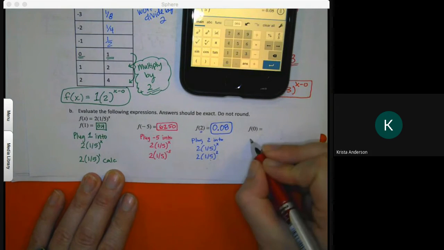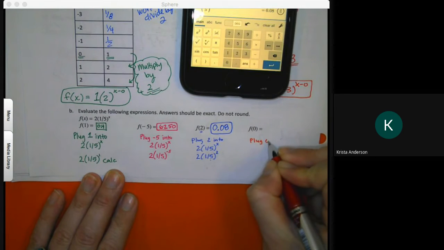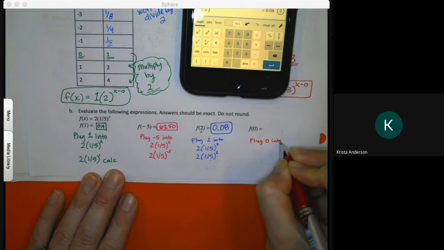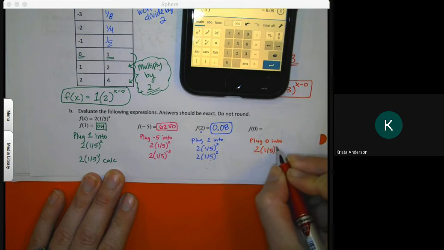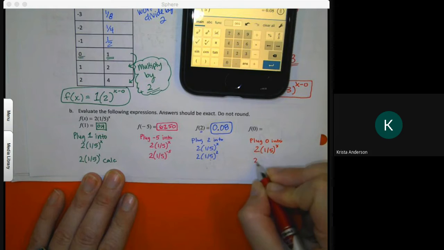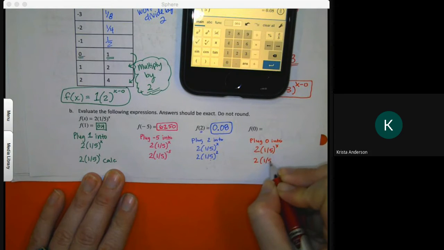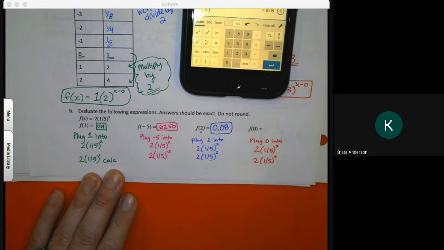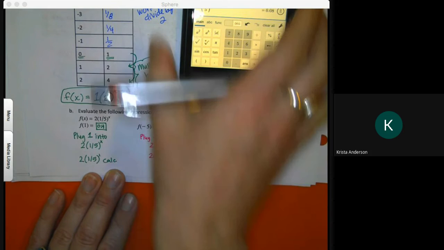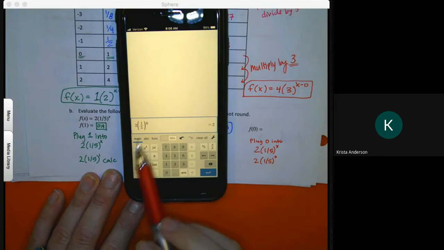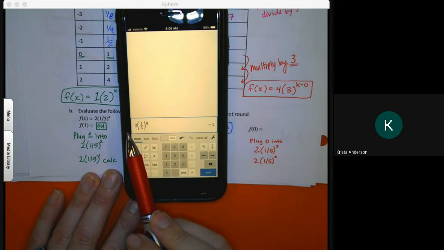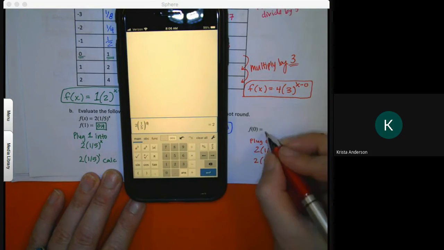This one wants me to plug 0 into 2 times 1/5 to the x. So I'm going to replace the x with a 0. When I do that, a 0 power will make it into a 1. 1 times 2 is 2.